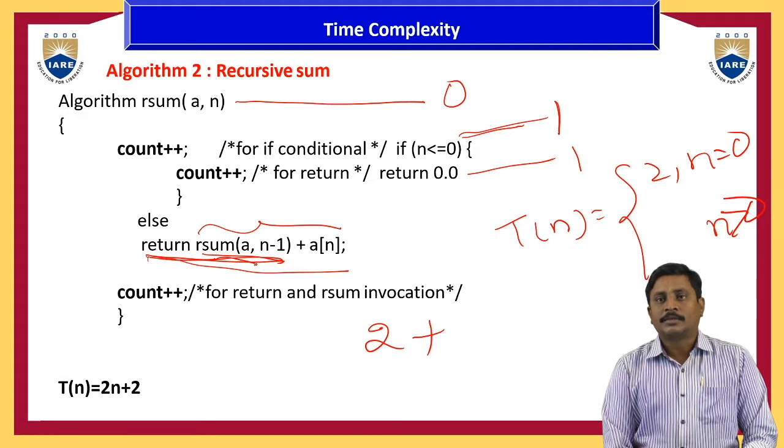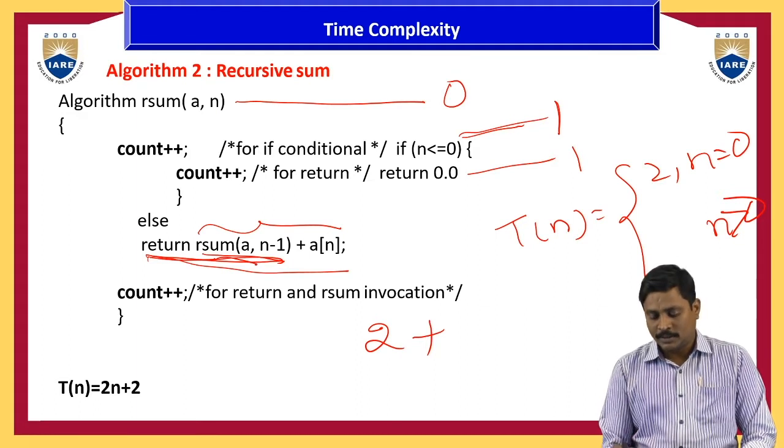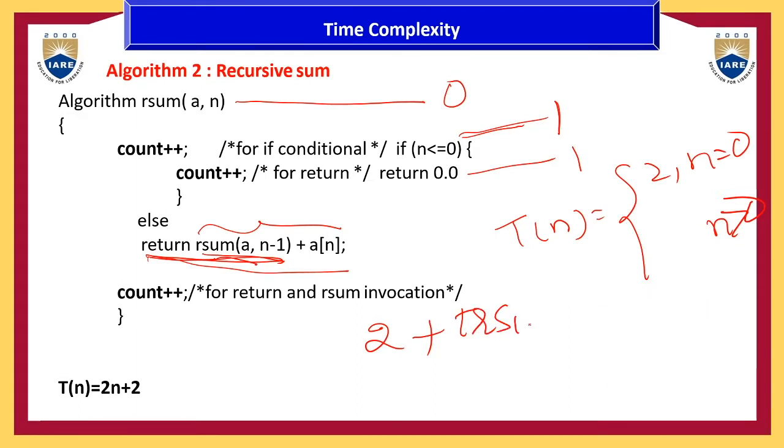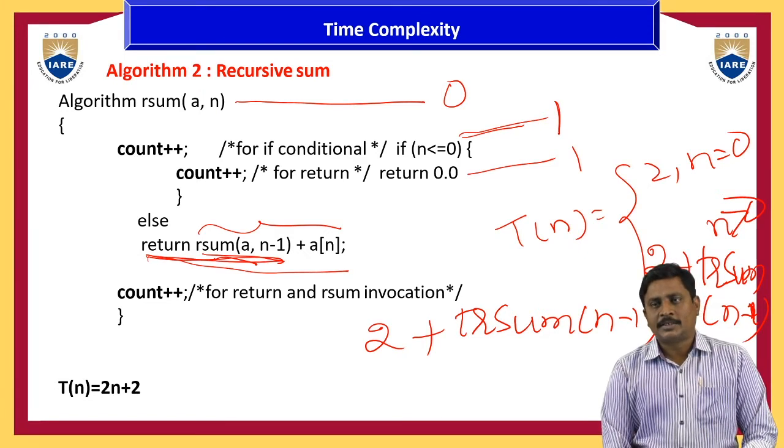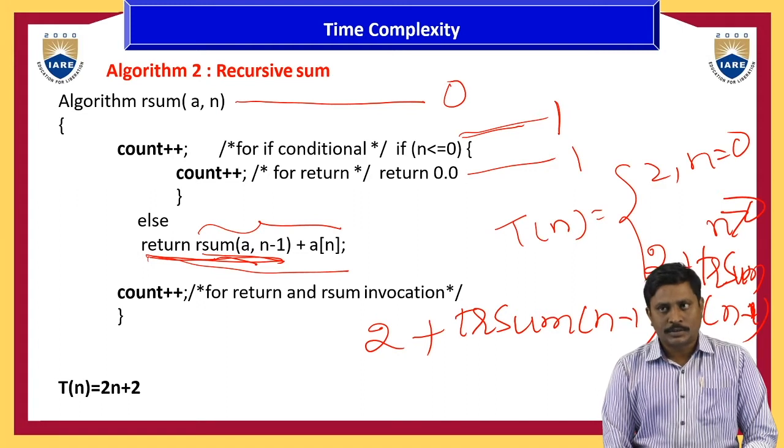It takes sum of n minus 1 times. So 2 plus TR sum of n minus 1 times it executes.